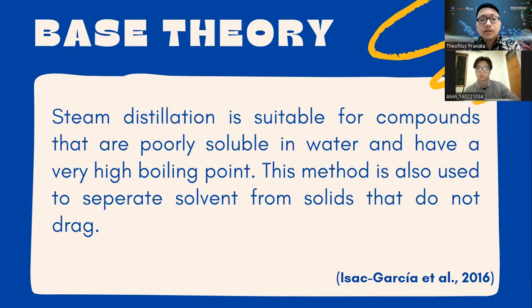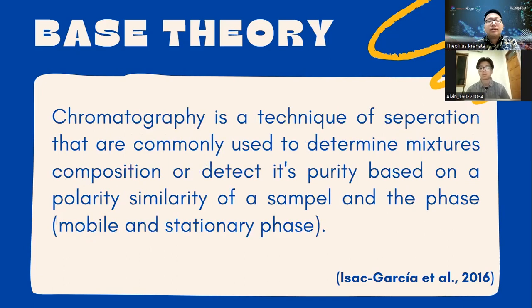And our focus here is at the steam distillations. Steam distillations is suitable for compounds that are poorly soluble in water and have a very high boiling point. This method is also used to separate solvent from solids that do not react.